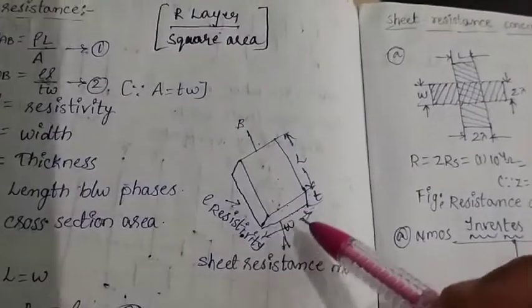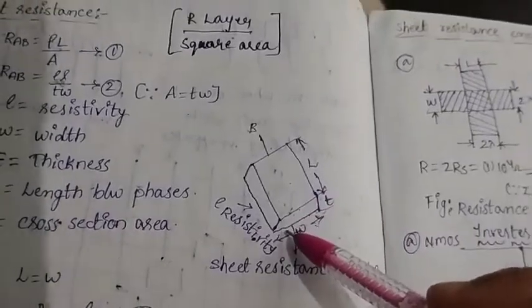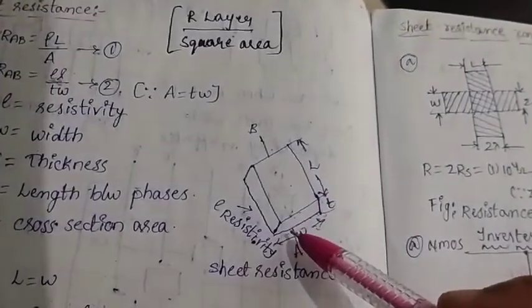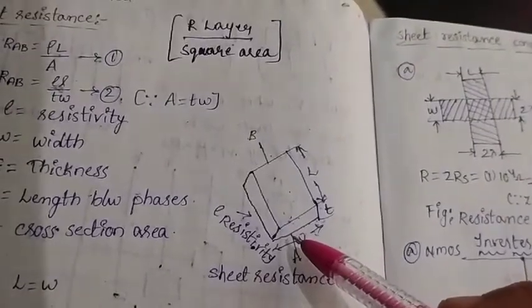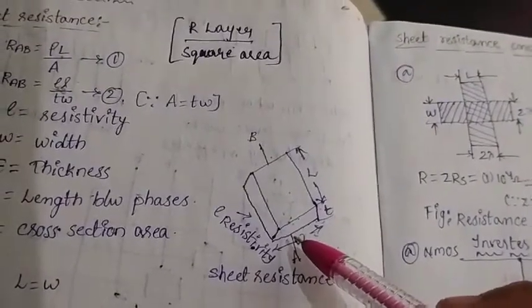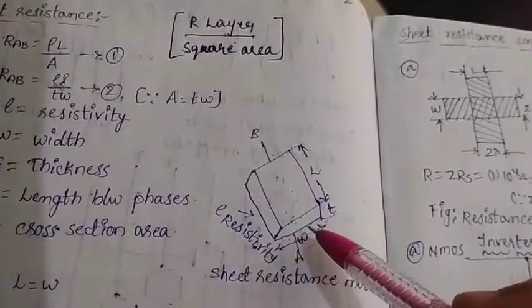Here we measure the resistance of this thin metal wafer, and it is used to identify the characteristics of the material.